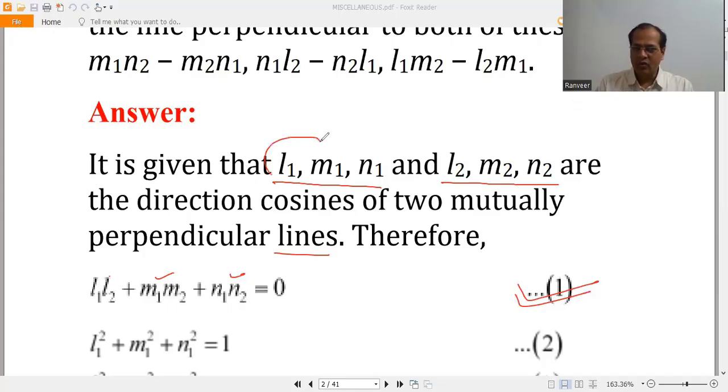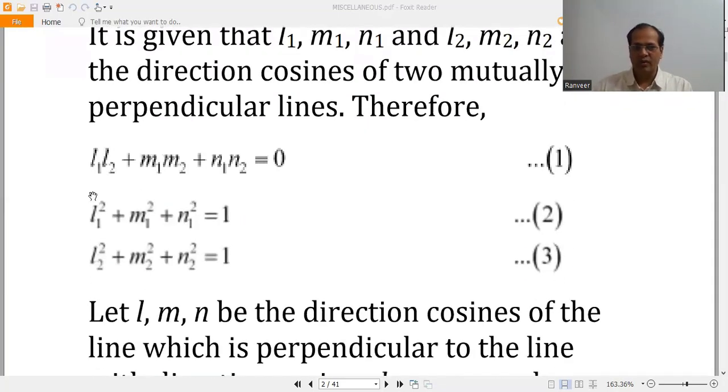Also, l1 squared + m1 squared + n1 squared = 1 and l2 squared + m2 squared + n2 squared = 1. These three are very important pieces of information for two perpendicular lines with given direction cosines.